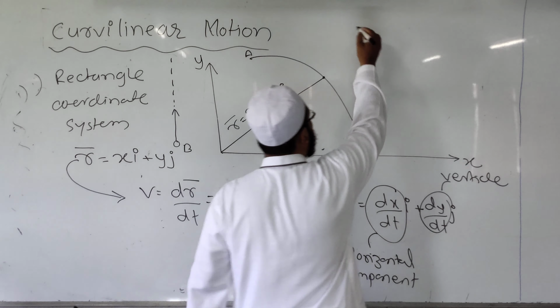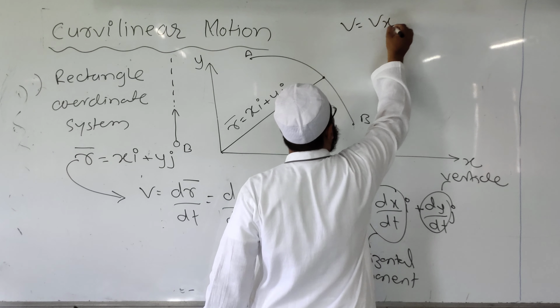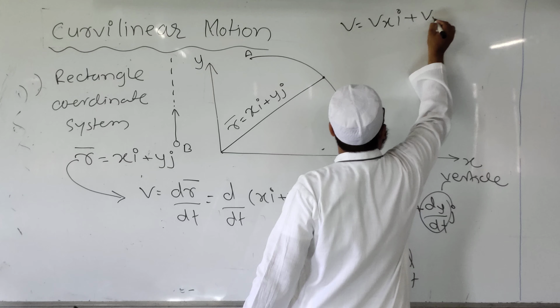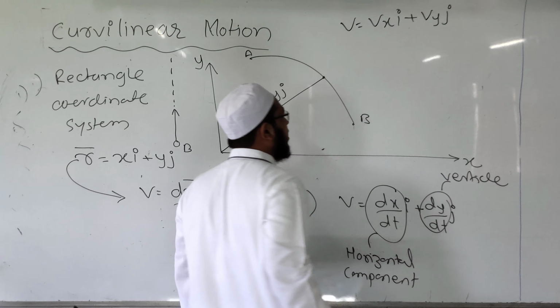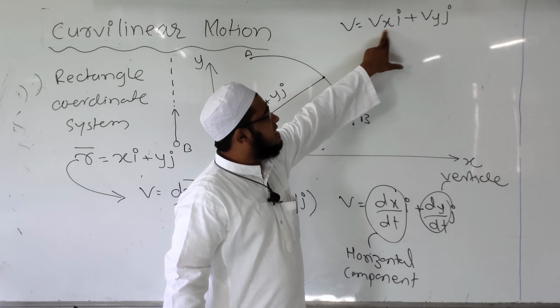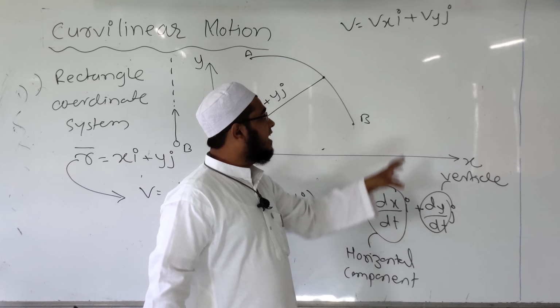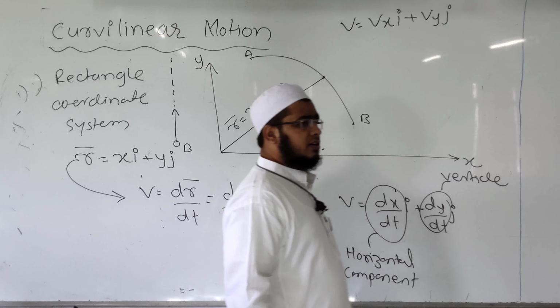This equation I can write as v equal to vxi plus vyj, where vx is equal to dx by dt and vy is equal to dy by dt.